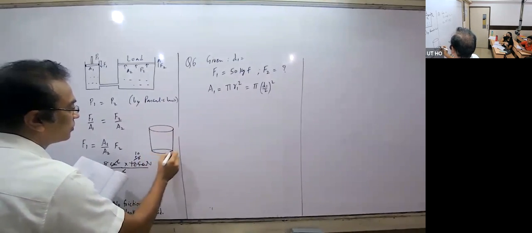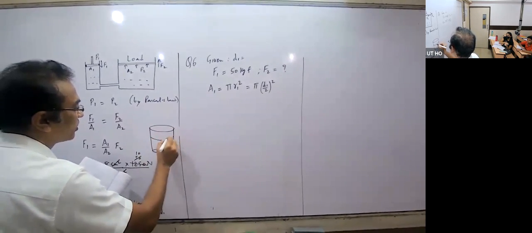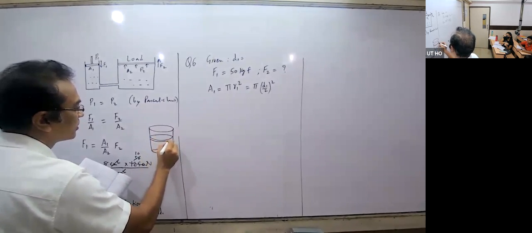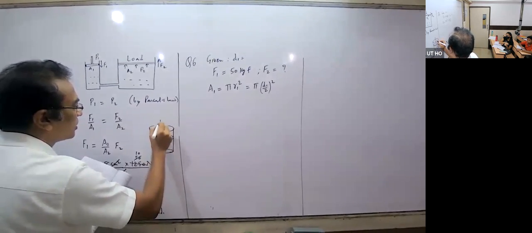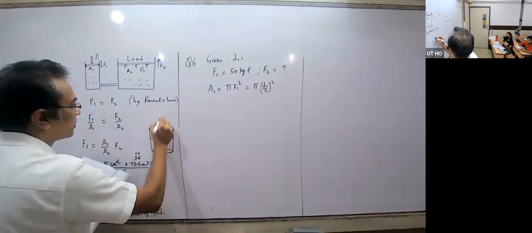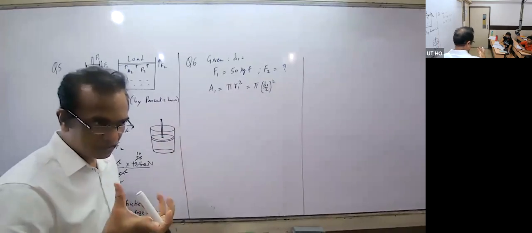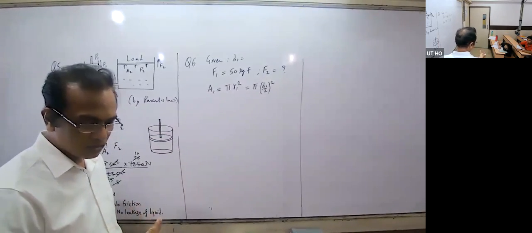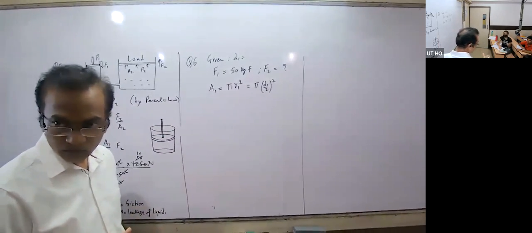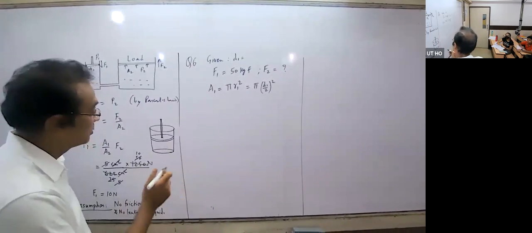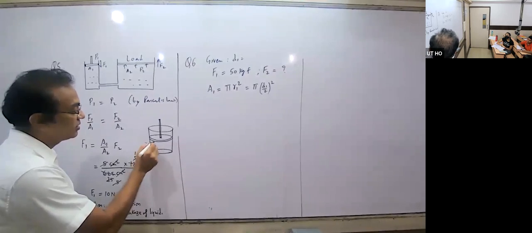So what is the piston shape? The piston shape is like this. It is a circular disc, isn't it? There is a shaft connected to it. So when you press the plunger of an injection syringe, what presses the liquid? The disc, right? So the area is the cross-section of this.